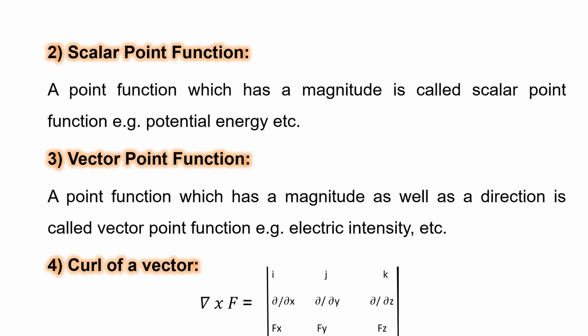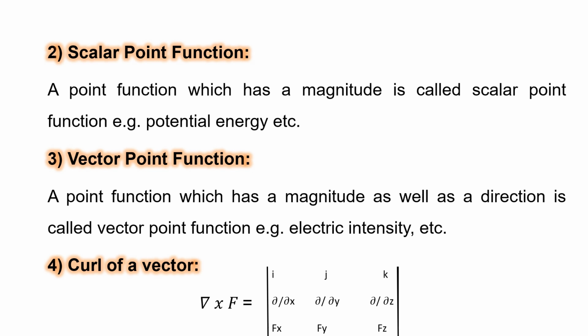A scalar value has magnitude but not direction. So a point function which has magnitude only is called a scalar point function, for example potential energy. The other definition is the vector point function. A point function which has a magnitude as well as a direction is called a vector point function, for example electric intensity.